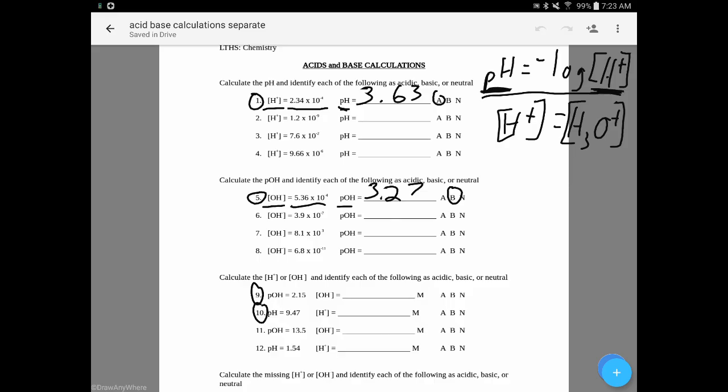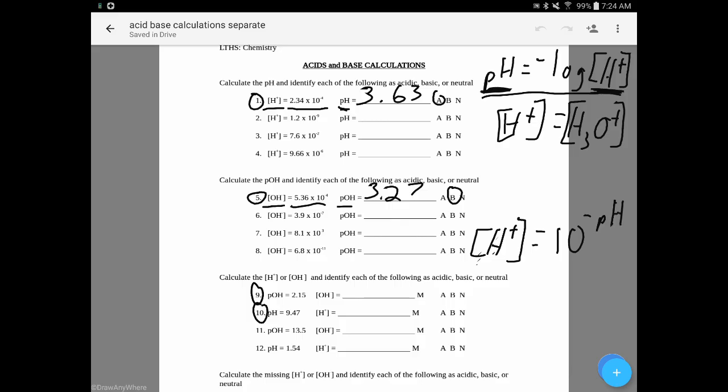That formula is the concentration of H plus equals 10 to the negative pH.